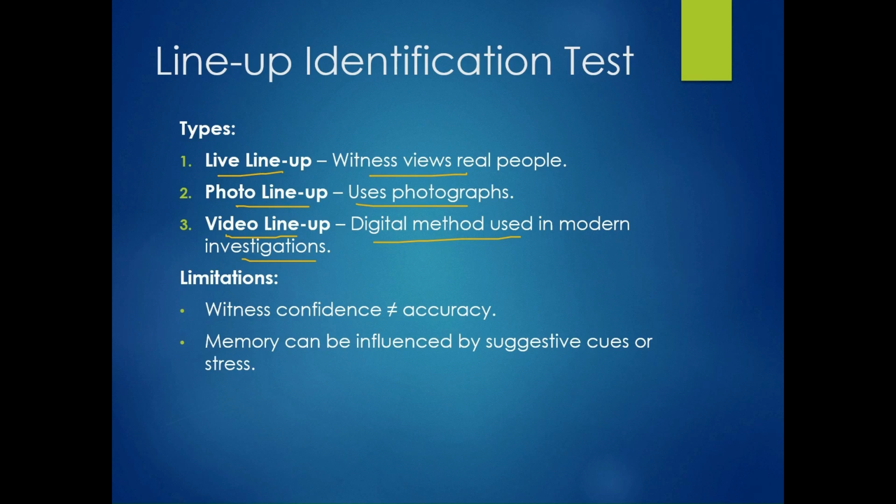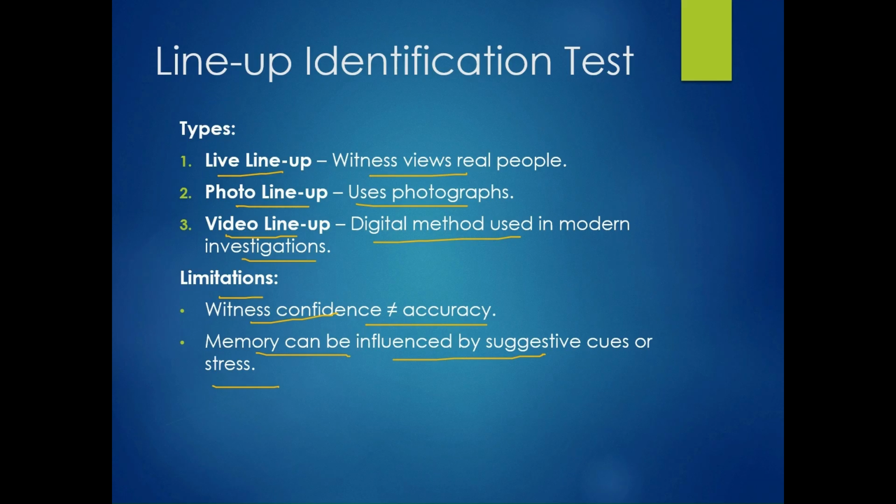However, lineups are prone to memory distortion if not conducted carefully. Right? So, they have their own limitations also. Witness confidence may not mean accuracy, and memory can be influenced by suggestive cues or even stress.